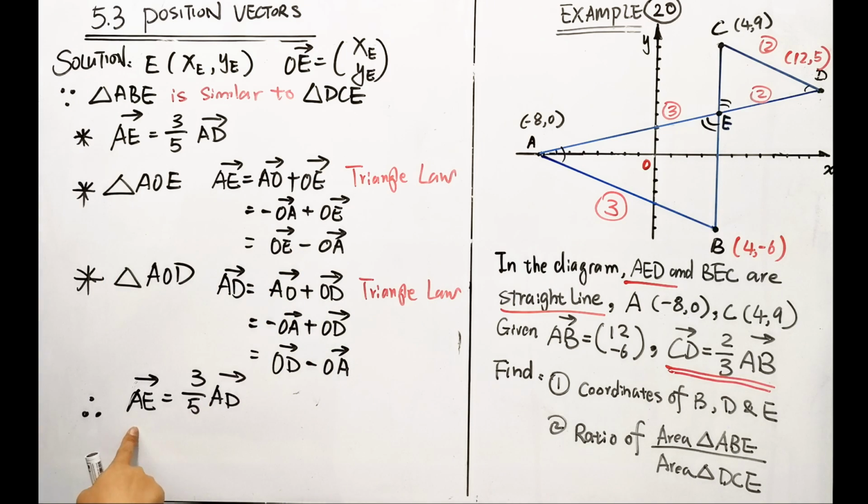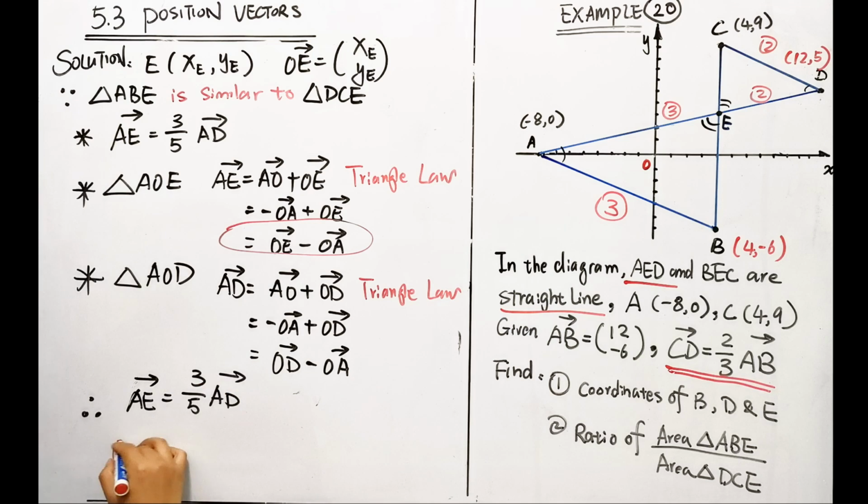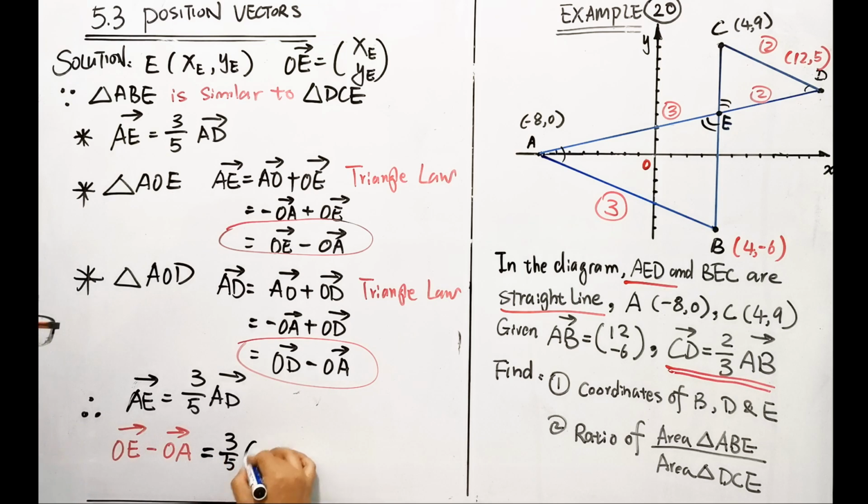So from here we get this: OE minus OA equals what? We're bringing this one, right? So this is 3 times bracket as well, OD plus OA.